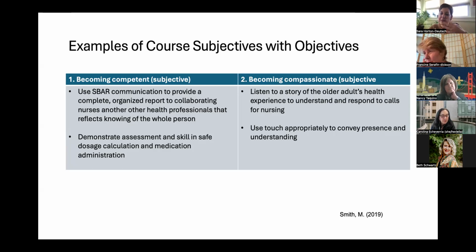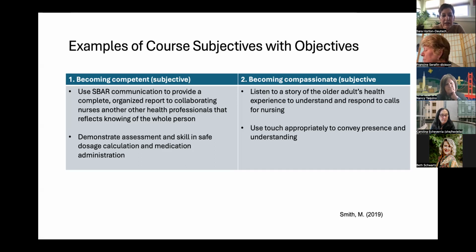And I love that because it really combines the objective with the subjective. They're talking about using a tool, which is often really important for students to be able to use specific tools, but not in a way that they're scripting or sound like they're scripting with patients, with the overall goal of demonstrating that you know and understand the whole person.